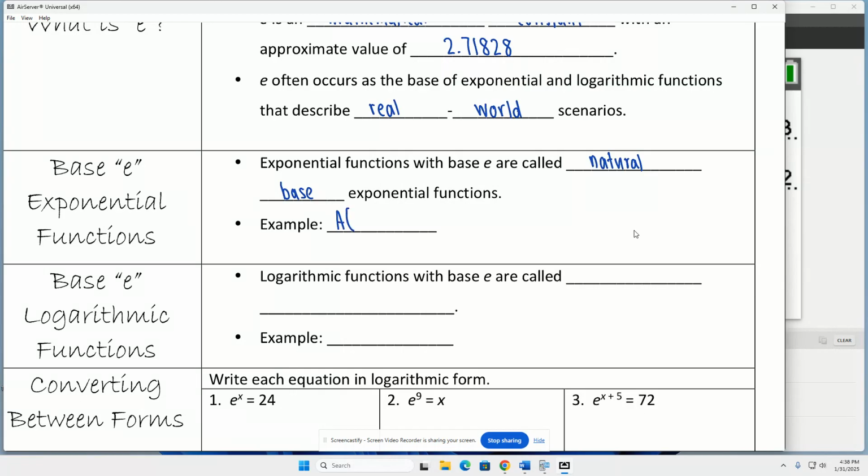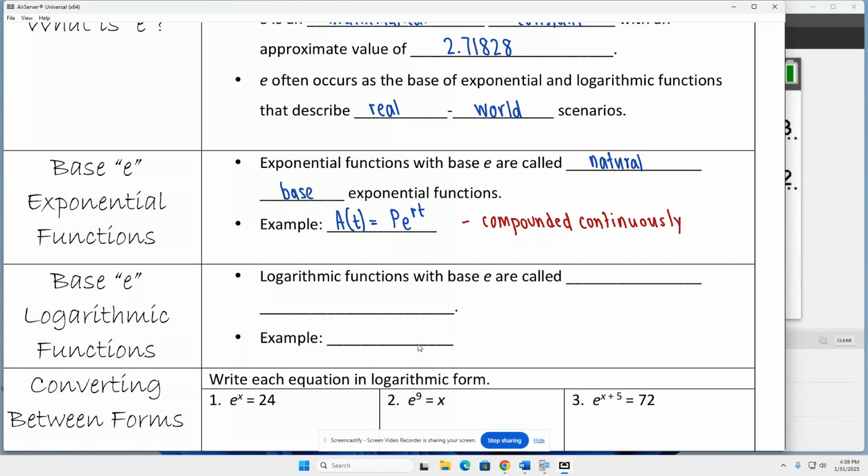It is in function notation, A of t equals P times e to the rt power. This is called compounded continuously, or continually compounded interest. And I want you guys to notice something because you see multiple variables here.